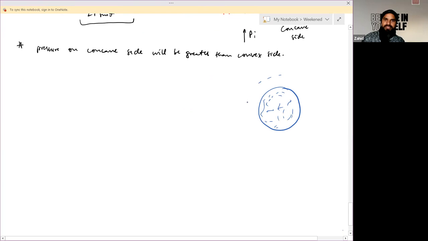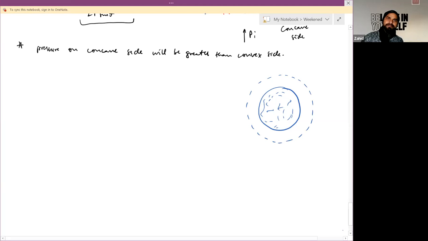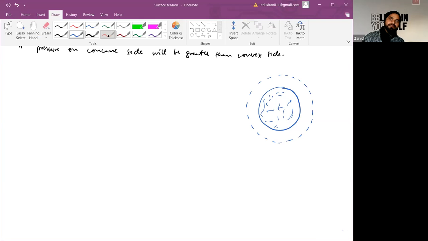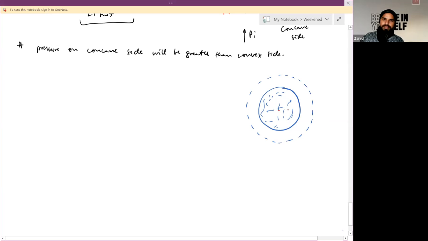Due to pressure difference, it gets slightly increased by delta r till this point. This is r and this is delta r. Pressure inside is Pi and pressure outside is P naught.